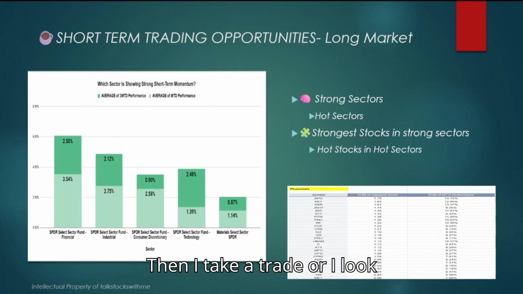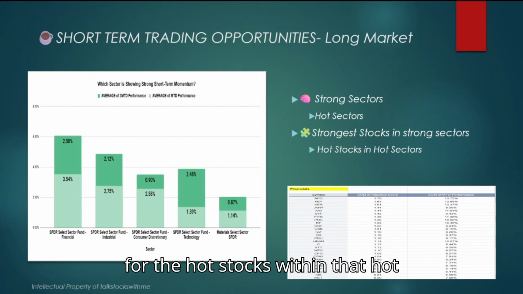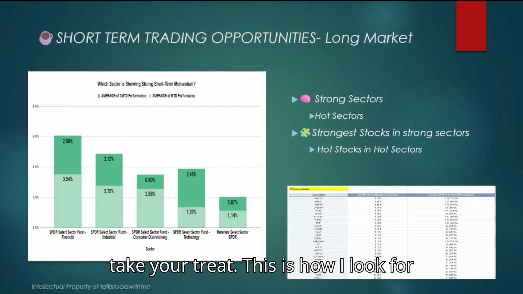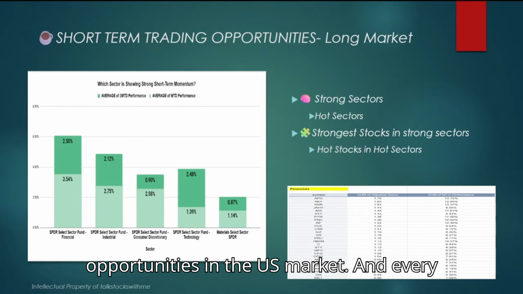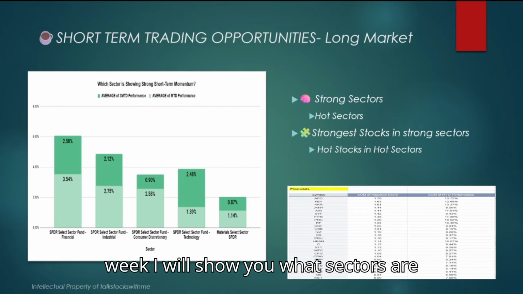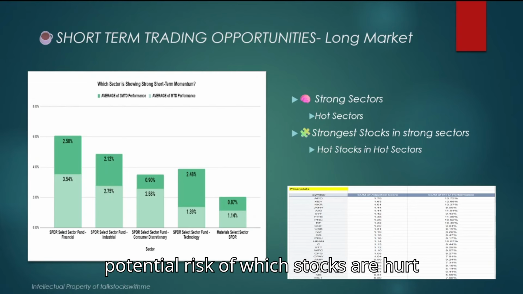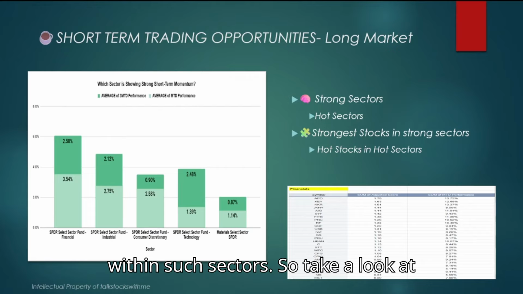Then I take a trade, or I look for the hot stocks within that hot sector, and once my entry is met, I take a trade. This is how I look for opportunities in the US market, and every week I'll show you what sectors are hot, and we'll look at the potential list of which stocks are hot within such sectors.